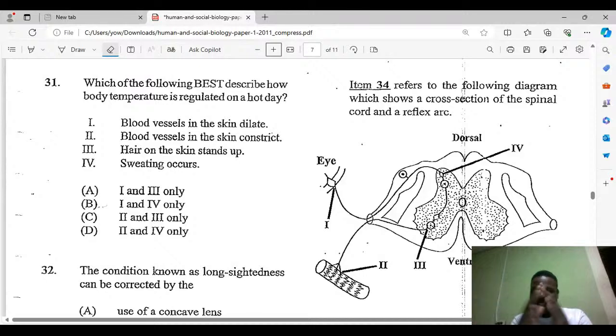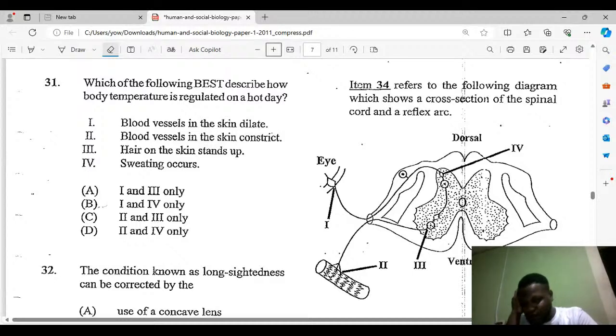It widens because it allows more blood to flow near the surface of your body so that the heat can be lost. So on a hot day, you will have more blood pumping nearer to the surface of your skin. On a cold day, you would have less blood. So you would have constriction on a cold day, while on a hot day, you'll have dilation.